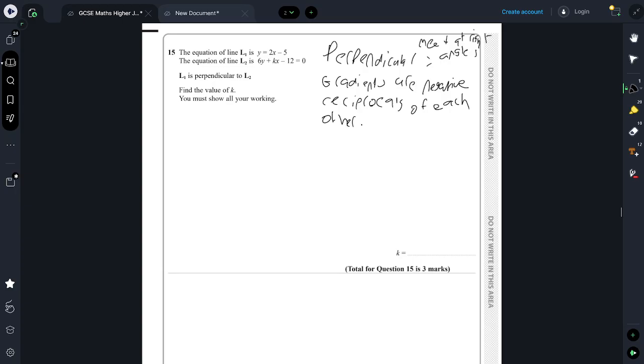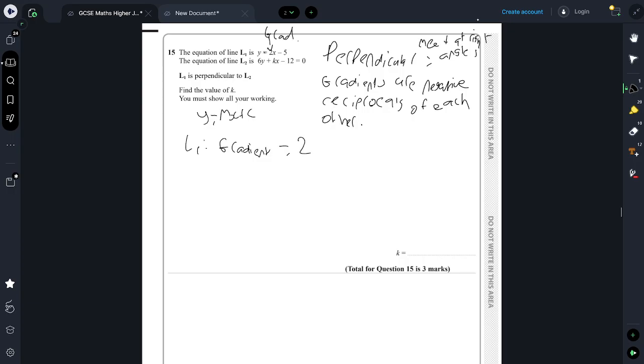So what's the gradient of L1? Well, if we have the line y is mx plus c, the m is the gradient here. So here, y is 2x minus 5. Well, the 2 is going to be the gradient, isn't it? So the gradient's 2.